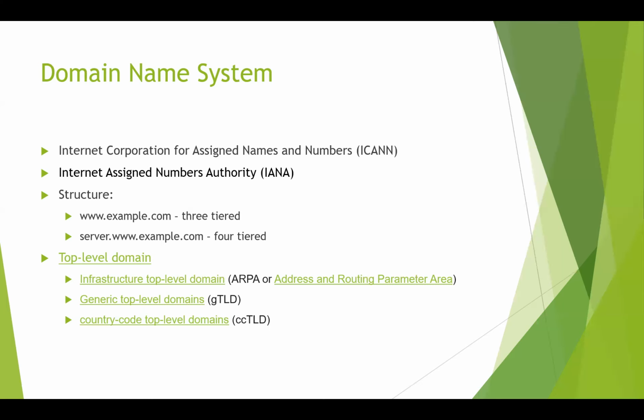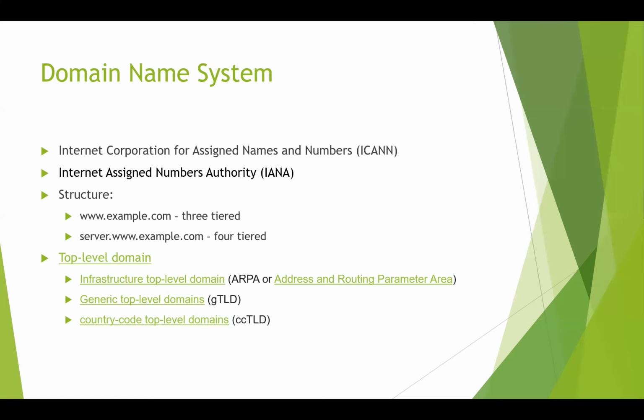You can also see that there are some rules associated with the structure of a name for a given resource on the internet. And generally speaking, they are going to fall under two categories, a three-tiered and a four-tiered approach, with the three-tiered approach being a little more common currently. But the idea is that you will have that top-level domain.